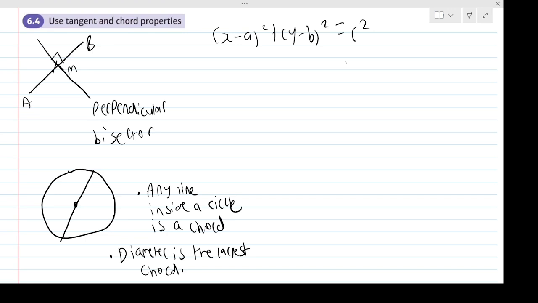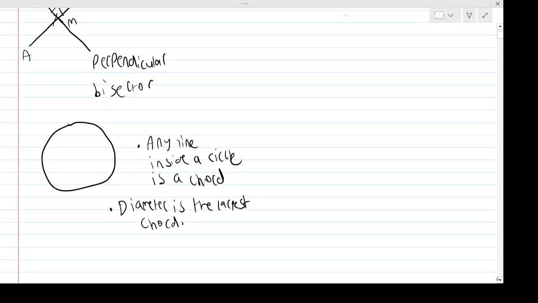Okay, cool. And the fact we will be using, which we used last time earlier on in the chapter, and why we're talking about bisectors, is because if we have a chord, any chord whatsoever, the perpendicular bisector of the chord will always pass through the centre. And then obviously what that means is if we continue the bisector through the whole circle, it must be a diameter.